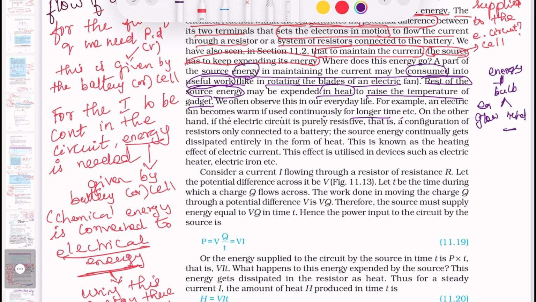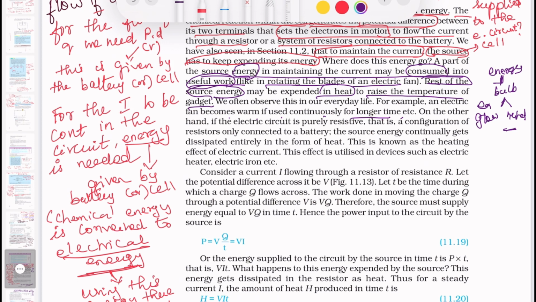So even after some time, when you use the bulb for a long time and touch it, you will realize the heat. So that's what I said. In some devices, the energy is used for work done, like glowing the bulb. The other energy in the form of heat is used to raise the temperature. When the temperature rises, you can feel the hotness when you touch the bulb.